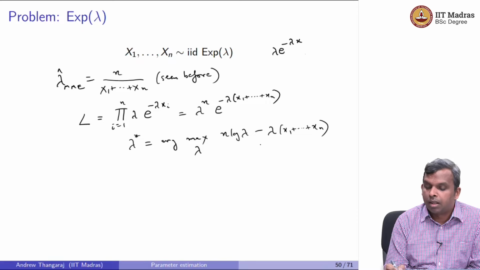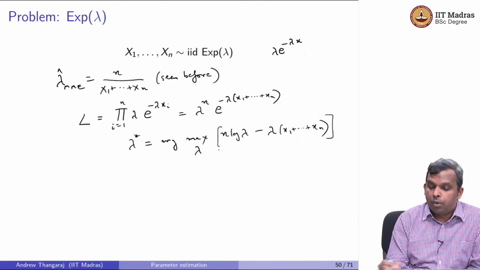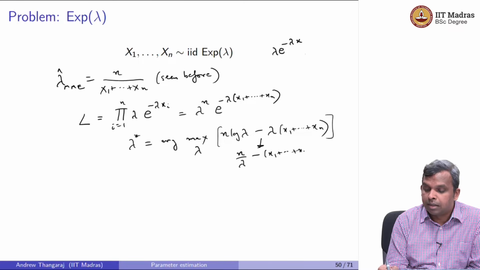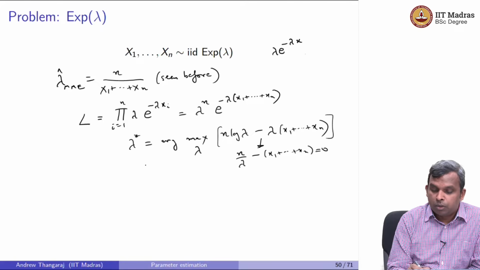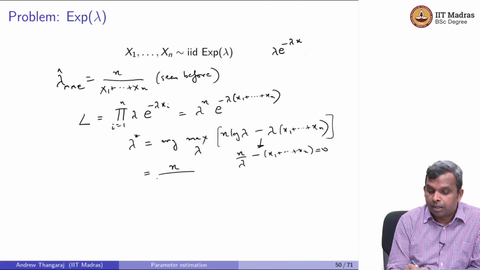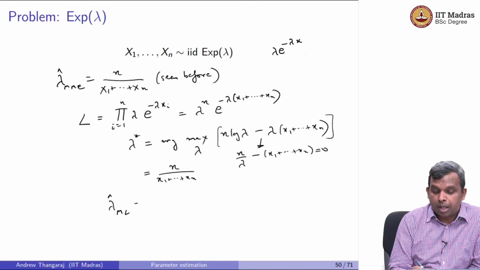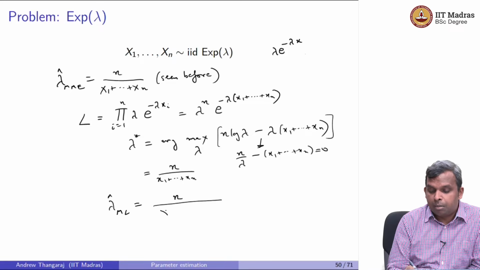Now how do you do this? You differentiate and equate to 0: you get n by lambda minus (x1 plus xn) equals 0. So from here lambda star is just n by x1 plus xn, and lambda hat maximum likelihood is also the same, n by x1 plus xn.